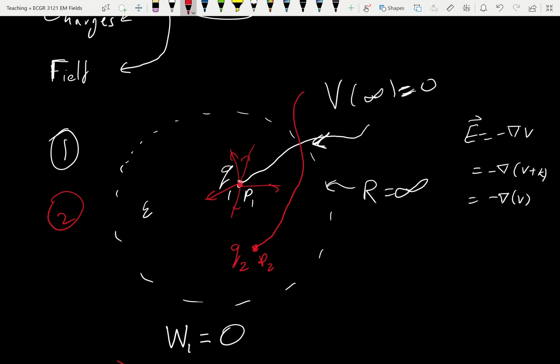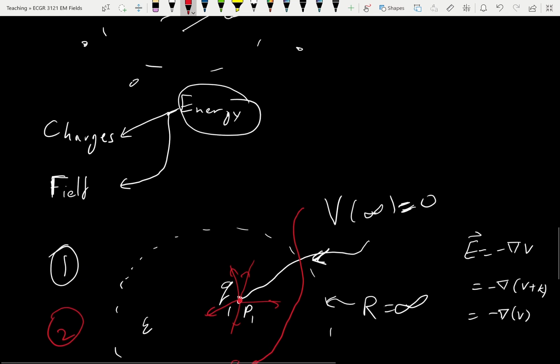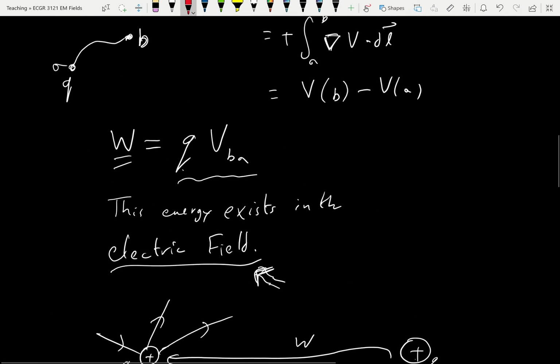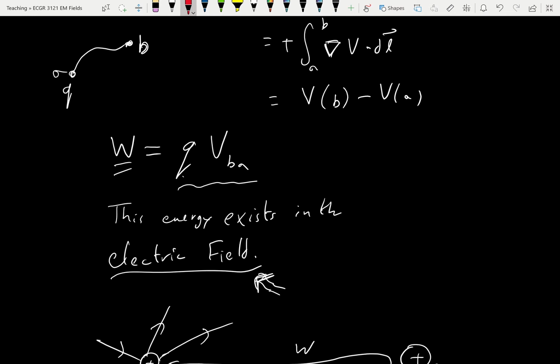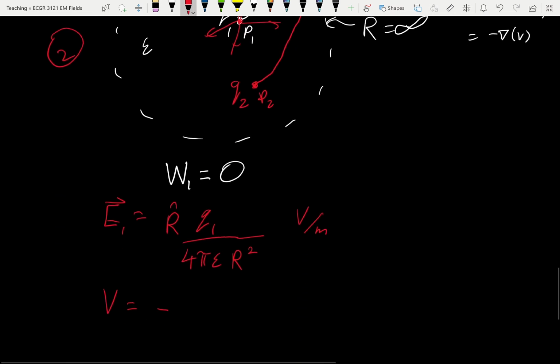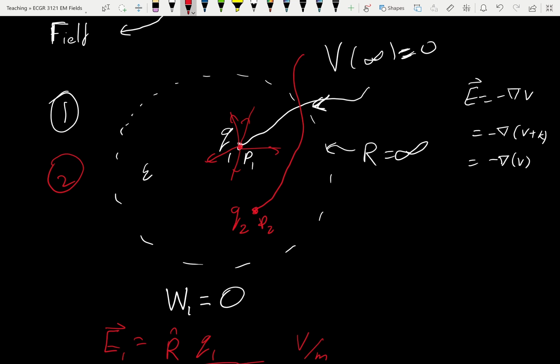How does energy relate to the voltage? Well, we said energy is just the voltage times Q. So I want to calculate how much energy it took me to move this Q2 charge to P2. So I want to calculate what the voltage change was from infinity to P2.